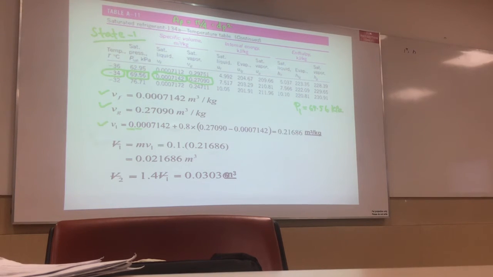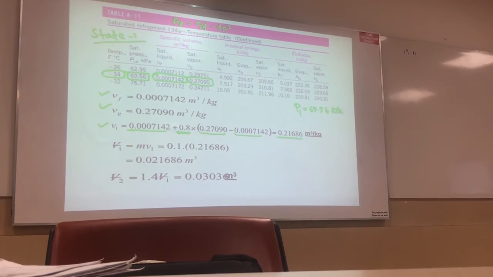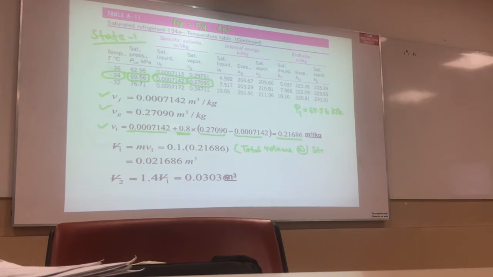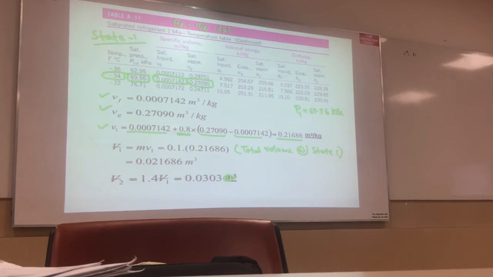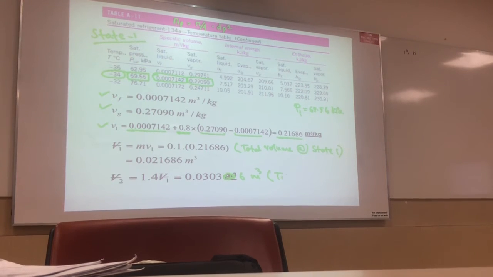And the total volume, m times this, is the total volume at state 1, and this one is 0.0366 meter cube. Total volume at state 2.